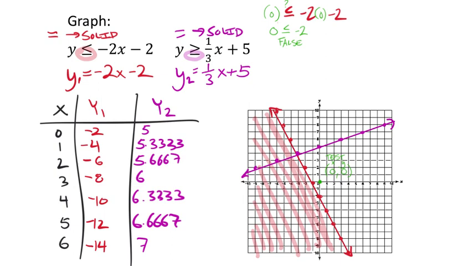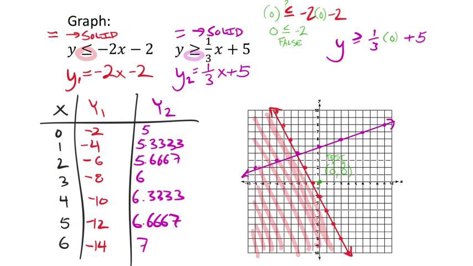But I still need to test a point to see which side I need to shade. Well, this purple line is not going through the origin here at 0, 0, which means that I can still test 0, 0 with the second equation as well. All right, so there's my inequality, and I do need the full inequality now to test. But we chose the origin, which means we need to take that x, and in the origin, the x value is 0.